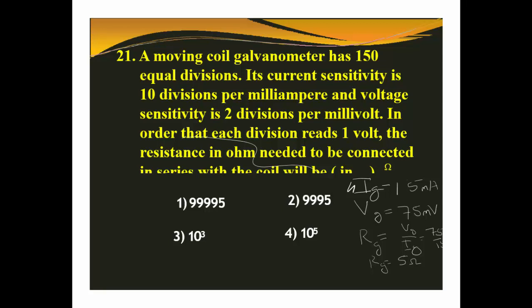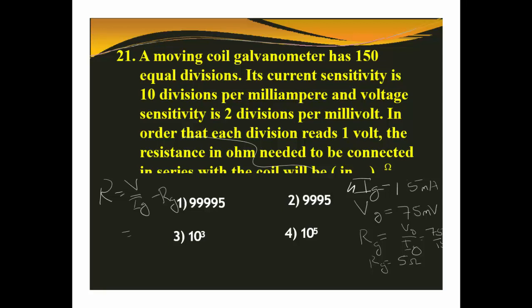In order that each division reads 1 volt, each division reads how much? 1 volt. The resistance in ohm needed to connect in series with the galvanometer is. Now what is the formula for the resistance required? R equal to V by Ig minus Rg. It is also written as capital G or Rg.